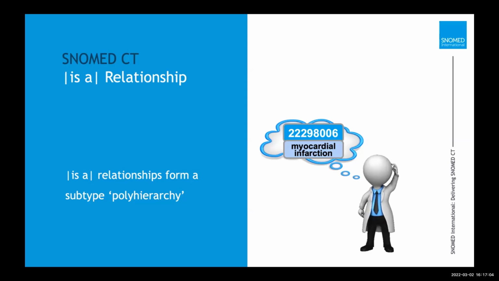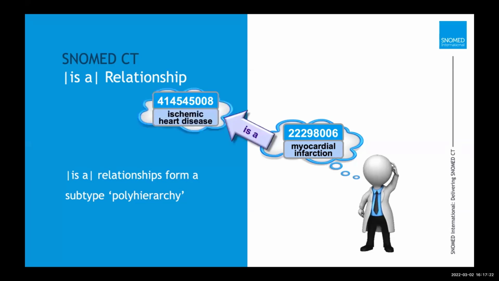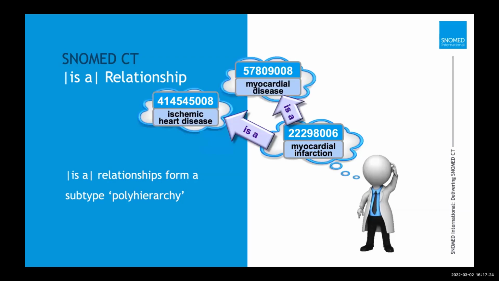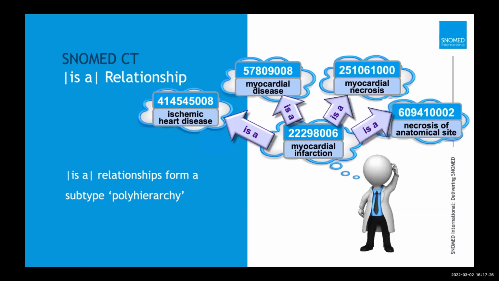For example, a myocardial infarction has four ISA relationships, which say that it is an ischemic heart disease, it is a myocardial disease, it is a myocardial necrosis, and it is a necrosis of anatomical site. So here you can see how it would be represented in SNOMED.